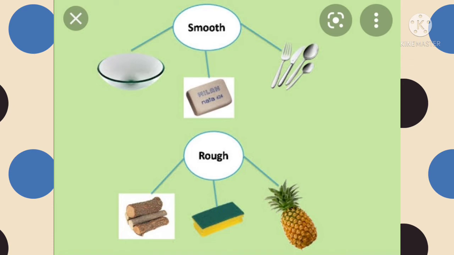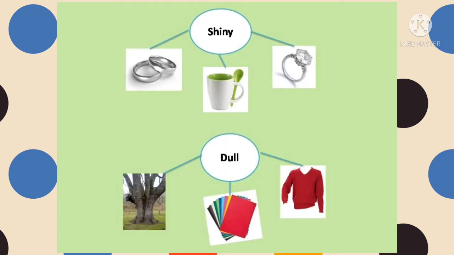Now you can see the smooth materials and rough materials, the texture, how it looks. Wood and pineapple are the rough materials. Okay, now here are the examples of shiny materials. Can you see how it shines? And dull materials, wood and clothes. So shiny materials are metal and glass.